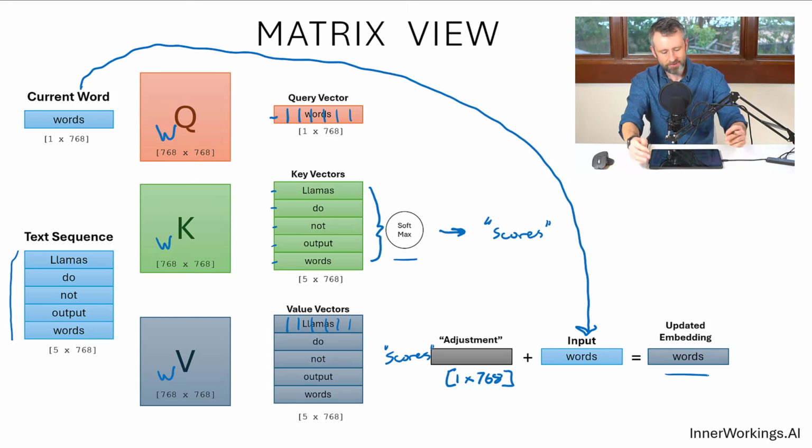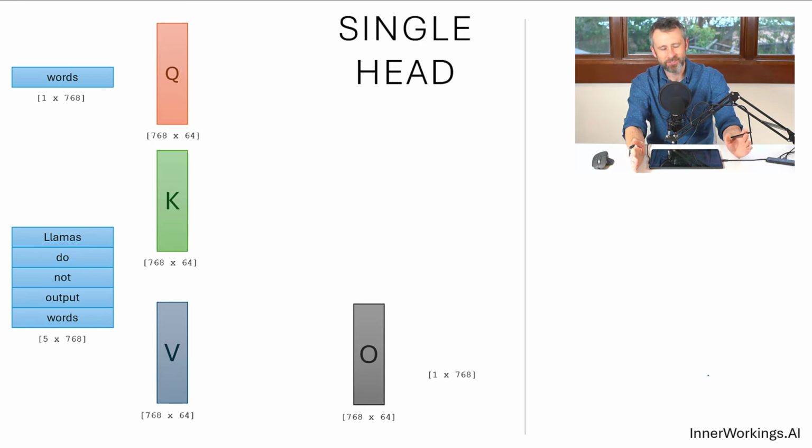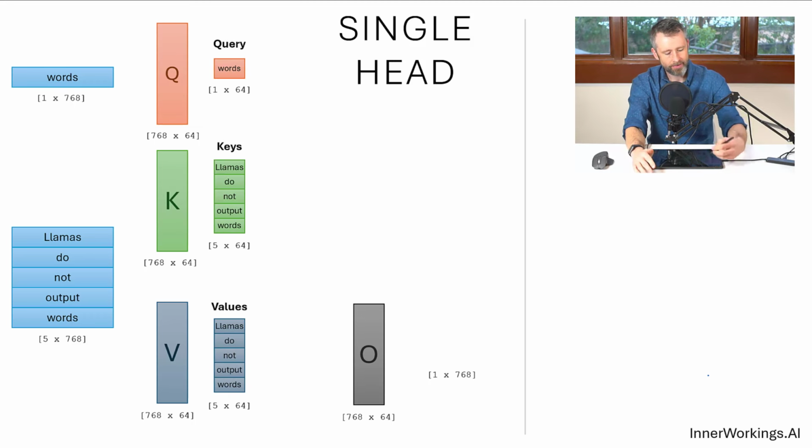So it's okay, but it's a bummer that I can't keep track of what happens in between here. And I'm sure I could if I was a little more disciplined about it, but we can make it easier. If you just do a single head perspective, then instead of the big square matrices, we can think about them in terms of their head sizes. So we know GPT-2 head size is 64.